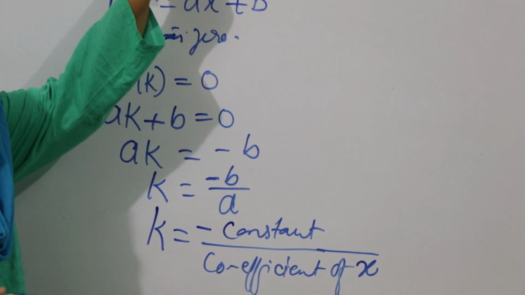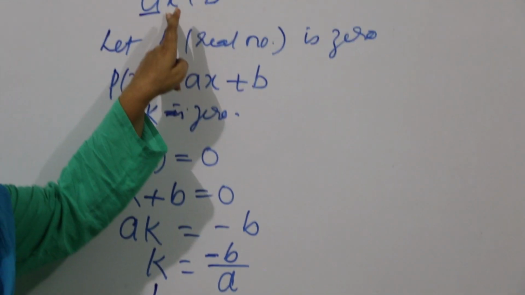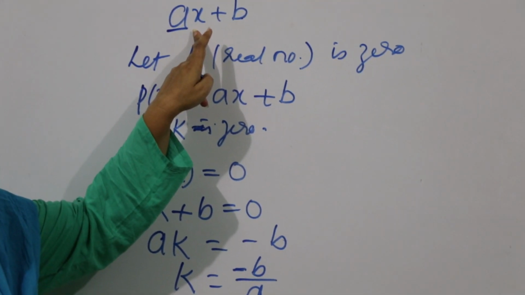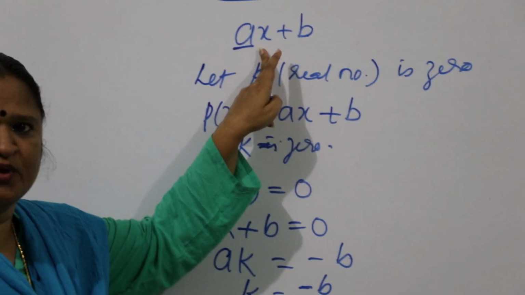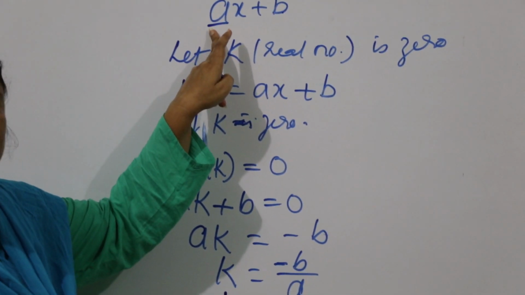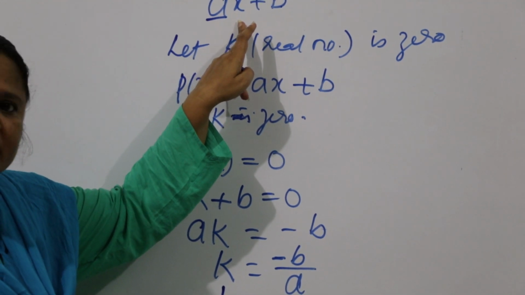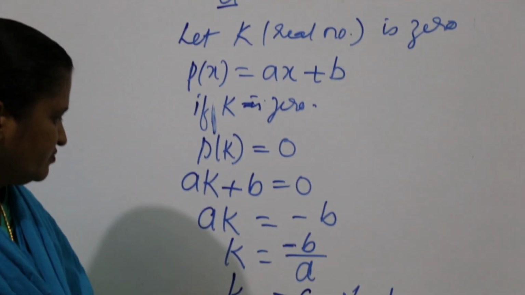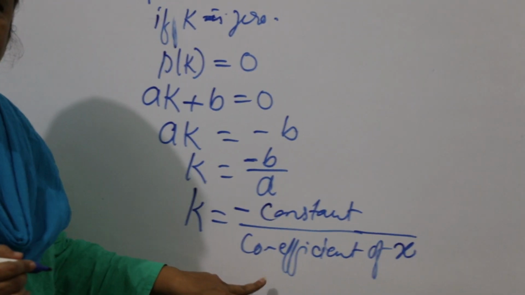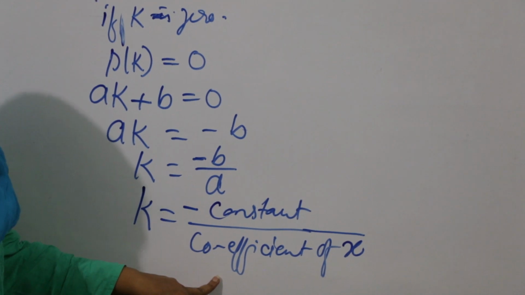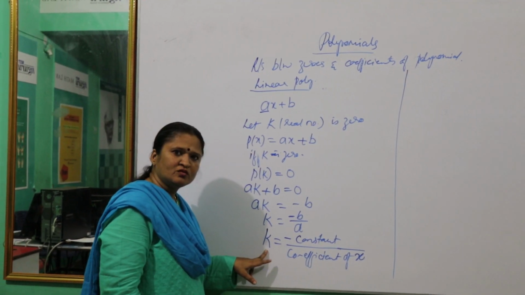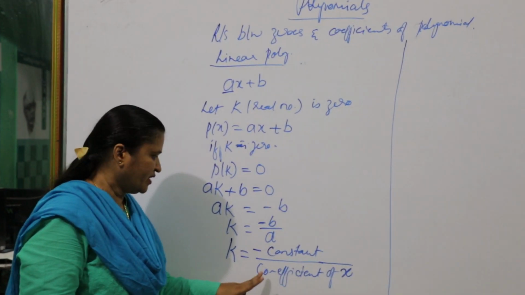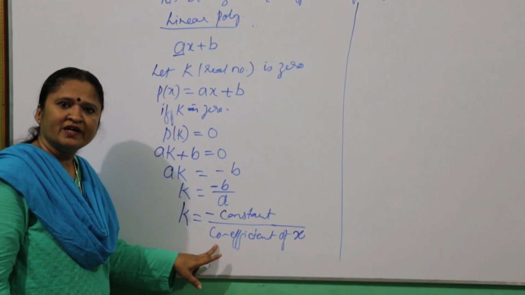Here x raised to 1 is the highest degree, the highest exponent, and this is the coefficient of the variable with the highest exponent. So the zero is equal to minus constant by coefficient of x.